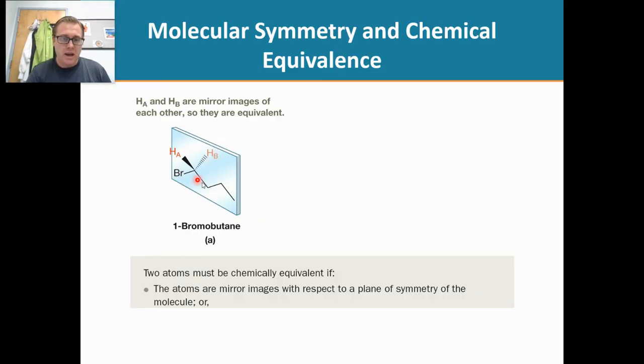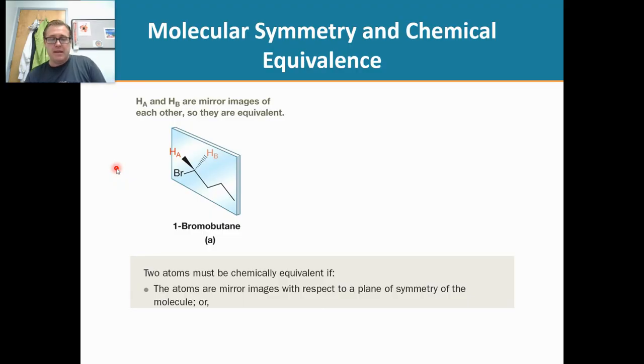We see the bromine, the carbon chain is in the plane. So there is a mirror image on each half of this molecule. Because there's a mirror half or a mirror image that are exactly the same, that means those two hydrogens are equivalent. So this is another way of answering that question of if hydrogens are equivalent or not. You don't necessarily have to do the replacement test if you can see it.